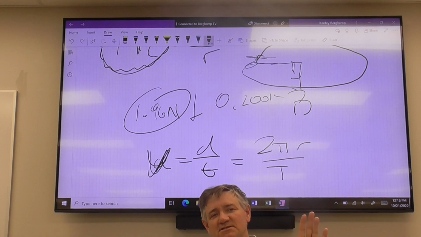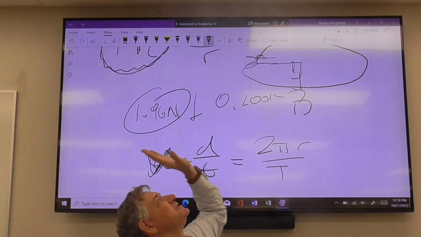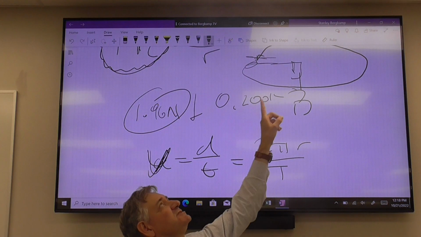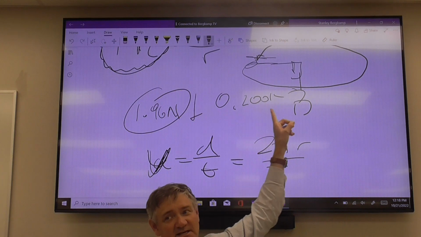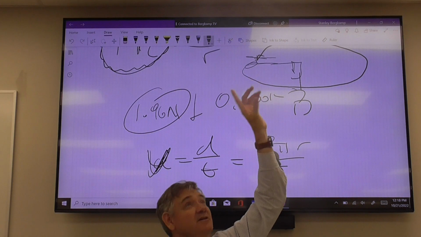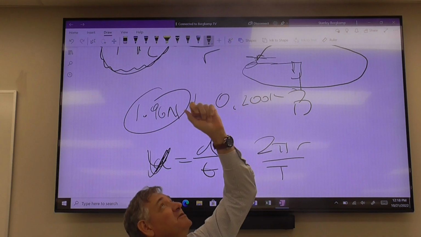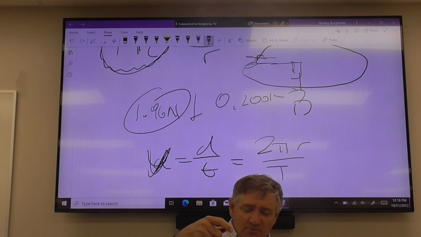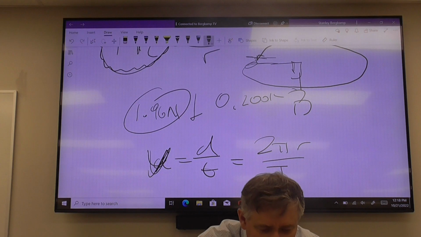The real intense timers will actually lay on the floor and count the revolutions as it goes past a seam in the ceiling. So they'll start it: 1, 2, 3. This is why you want to have at least 2 people timing this.